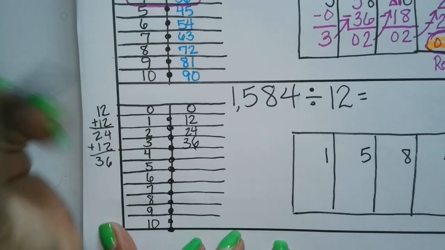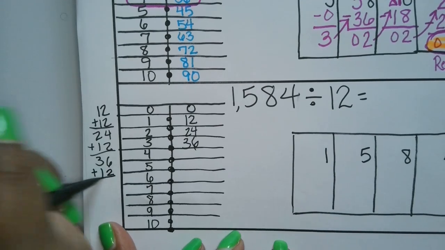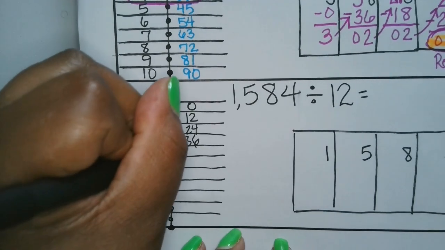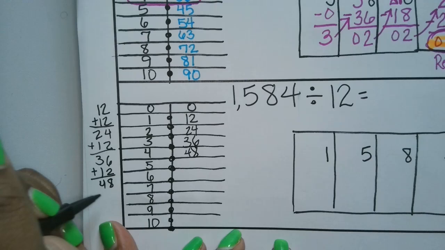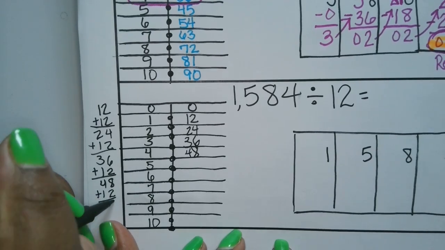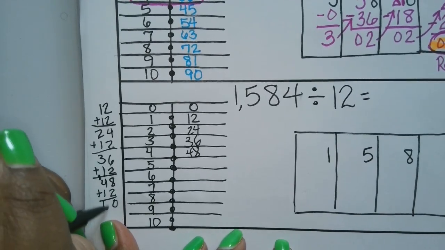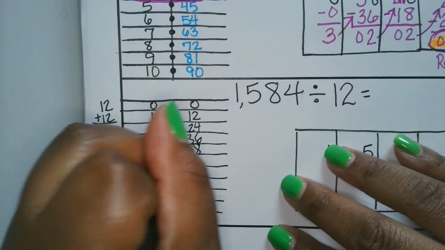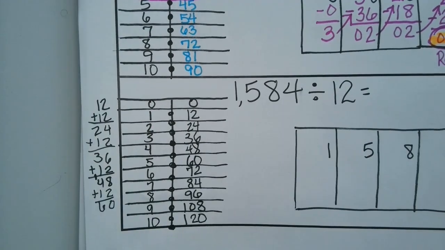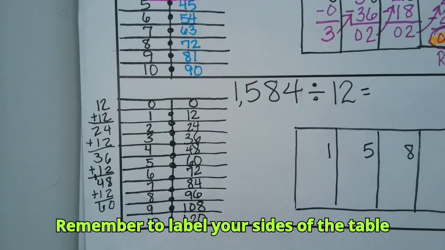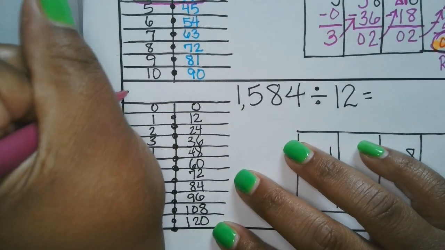36. 48. 60. Just for time's sake, we'll get that all filled in. Remember to label your sides of the table.